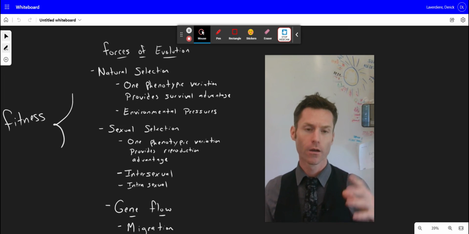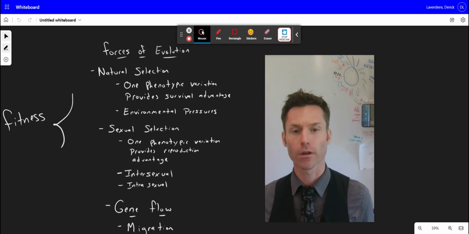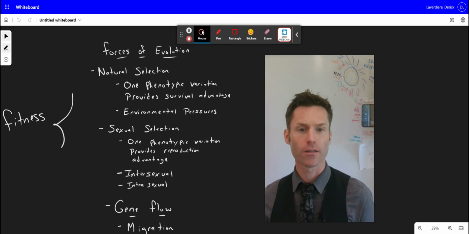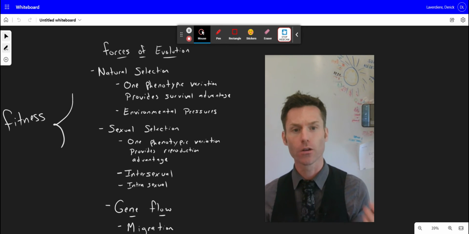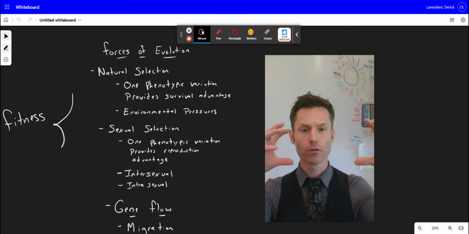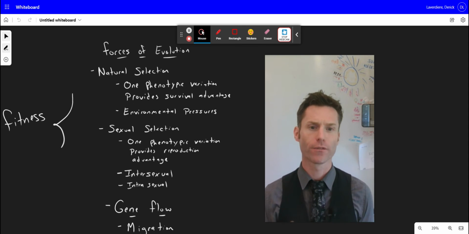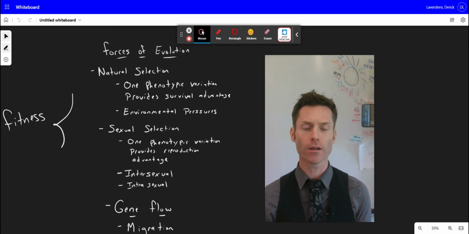Okay. The other version is intrasexual, okay, and that's competition within the sex. A good traditional example of this is two deers. You got two male deers fighting or competing for the right to mate with the females.